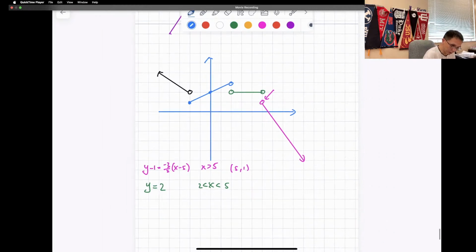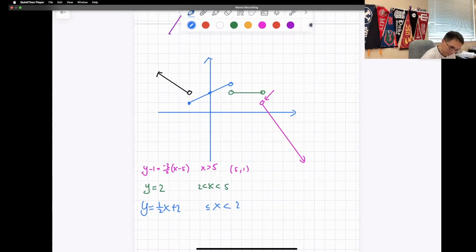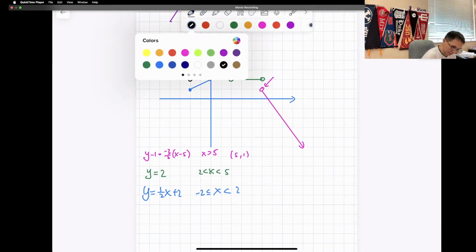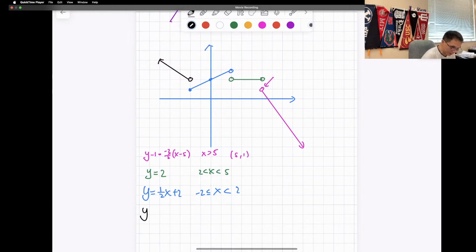For the blue one, y equals mx plus b. This one's easy: 1/2 x plus 2, when x is between -2 and 2. For the black one, I'm going to use this point, which is -2 comma 2.